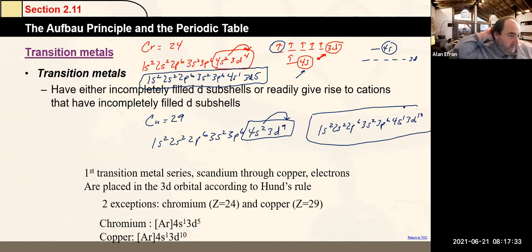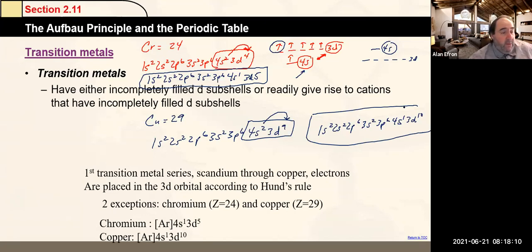For the most part, those are the two that you most often come across and are usually asked to remember. I will say that there definitely are a lot more exceptions in the transition metal region. If you look at where chromium and copper are and go below them on the periodic table, you'll see a lot of elements that have similar exceptions, where there's an extra electron up in the d orbital and one less in the s.